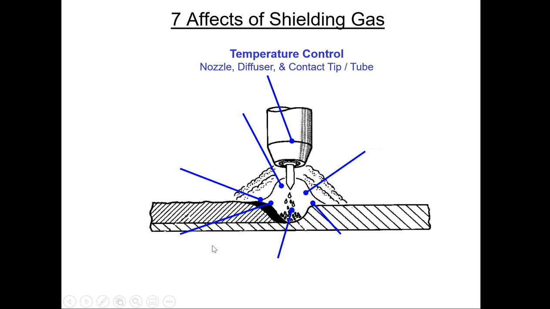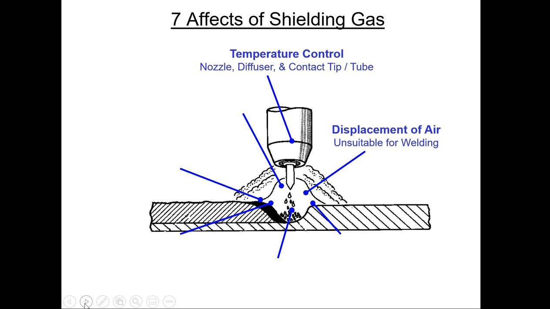We're counting on shielding gas flowing through to keep the tungsten or the diffuser, contact tip, all this stuff nice and cool. So having the proper amount of shielding gas flow has a lot to do with the temperature. If you wanted to look at this for yourself, I have FLIR camera equipment we can set up, and you can see an enormous difference between the flow rates in keeping contact tip life where it's supposed to be.